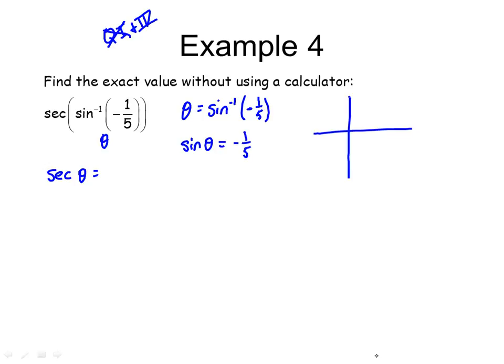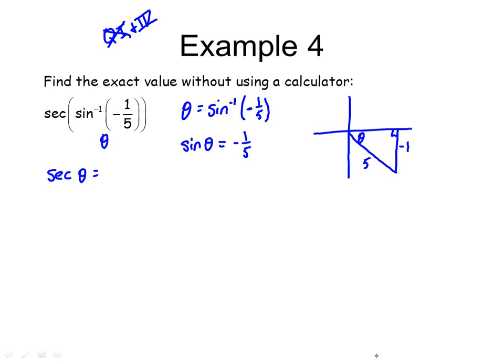Okay? So let's draw us a theta in quadrant 4, and let's turn it into a right triangle. So sine is going to be opposite over hypotenuse.